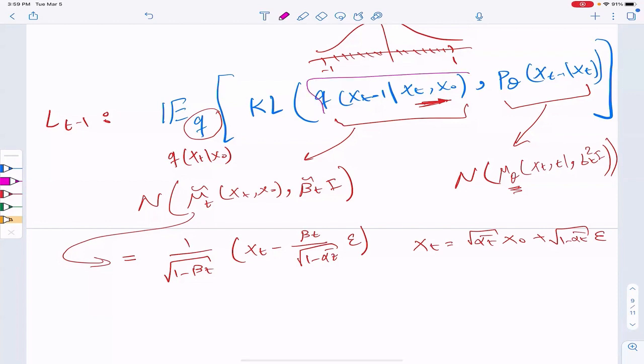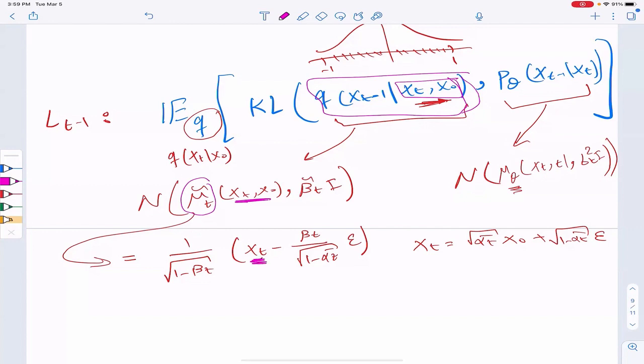Again, basically what I'm saying is that this is a Gaussian distribution. It's conditioned on xt and x0. It means that the parameters of this Gaussian distribution will be a function of xt and x0. That's why in the mean, the input is xt and x0. And what is the form of this function? In fact, it is just a linear function of xt and x0.